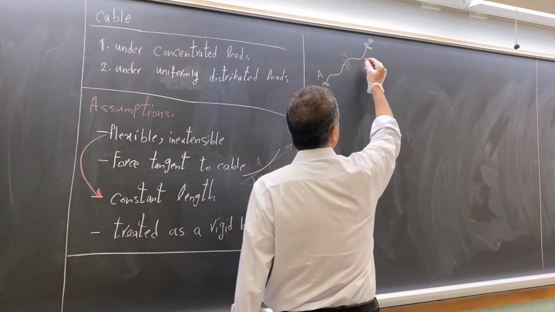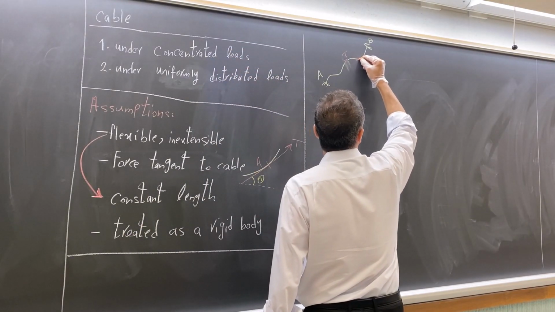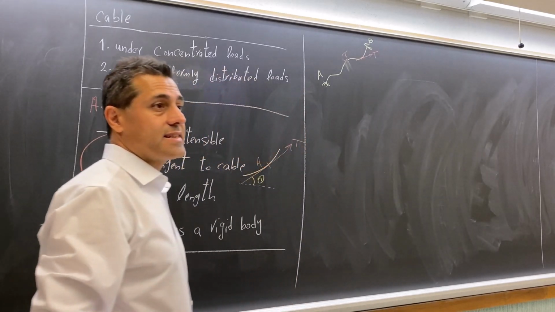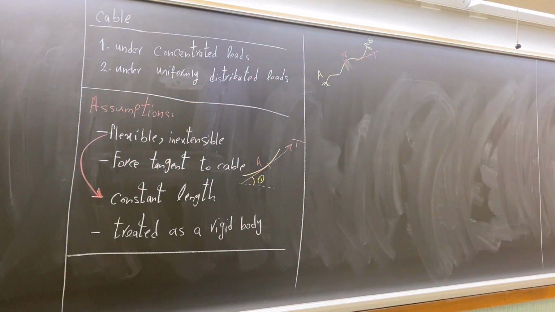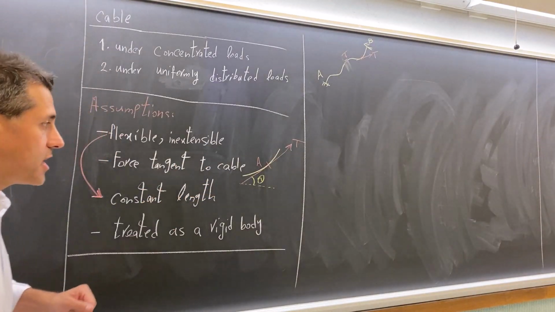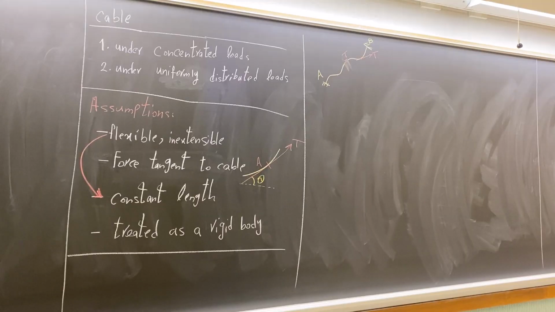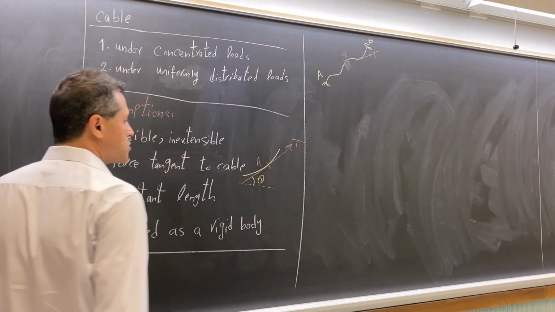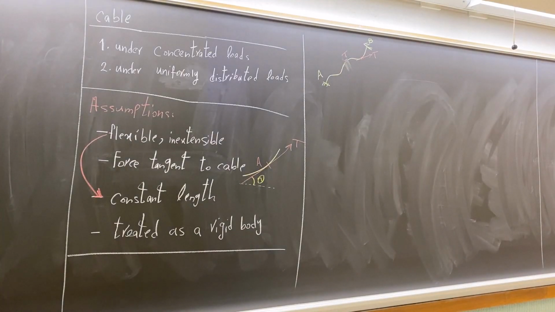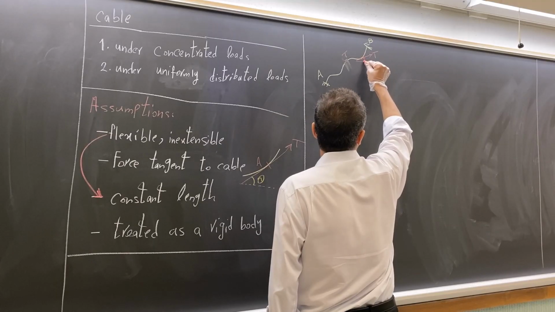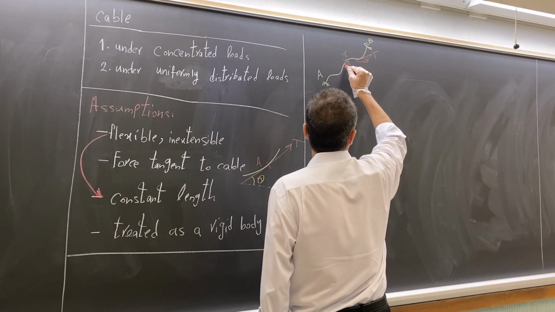Or you want to find force here, just draw a tangent line, that is the force, the tensile force. So the tensile force is assumed to be tangent to the curve of the cable. And the angle between that tangent line with the horizontal line is shown by theta. So this is theta, and this is theta.